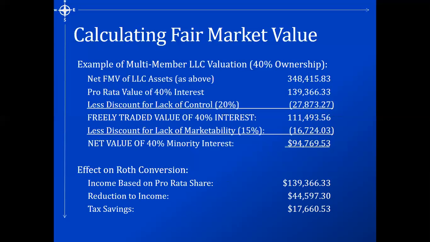But because it's been valued based on the fact that you don't have control and the interest is not readily marketable and you can't immediately demand your cash out, there's a reduction of the income that you're receiving of $44,597.30. And that means that you are actually saving $17,660.53 in taxes because you recognized that you had a minority interest in your evaluation.